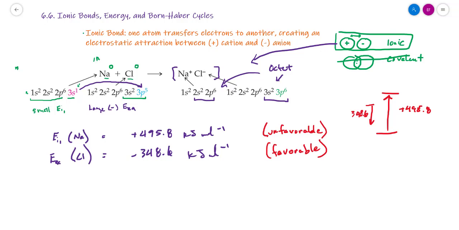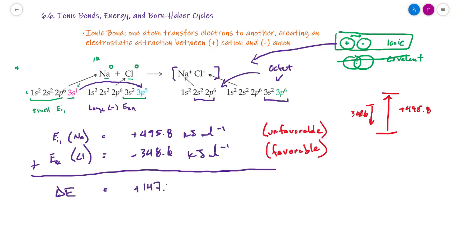So we can keep track of these; we can just do some accounting. We can add these up, and what we get is a change in energy, a delta E, for this process, which is going to be equal to plus 147.2 kilojoules per mole. So what does that mean? If we just account for these two energy steps, would the formation of sodium chloride from its elements be a favorable or an unfavorable process?